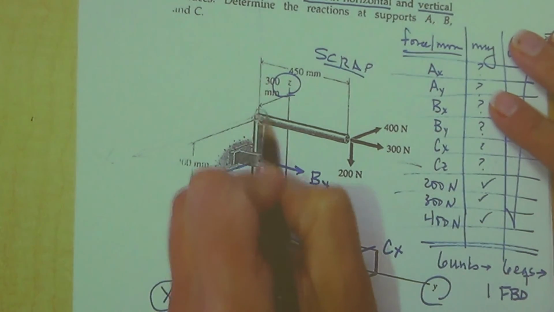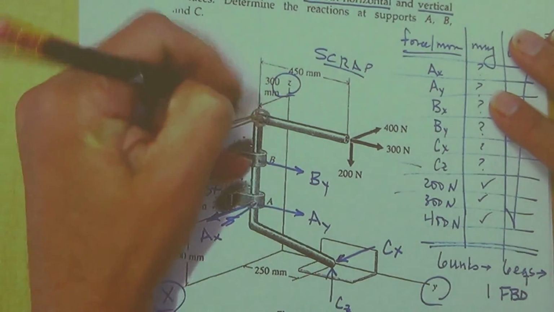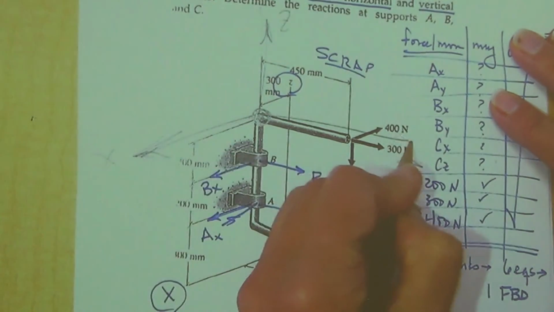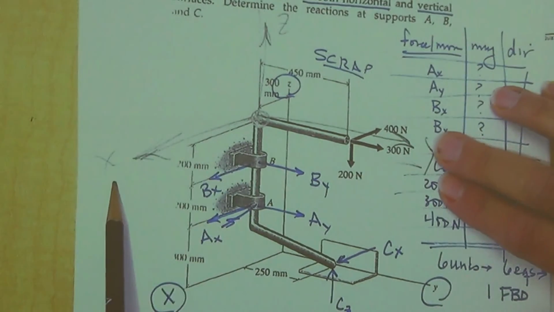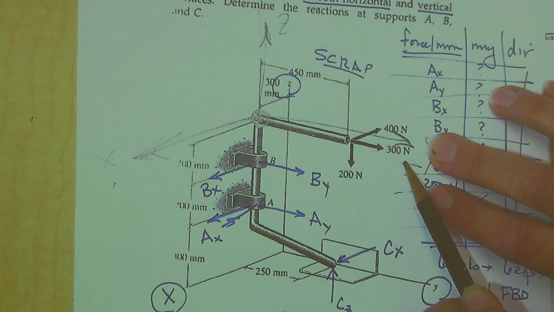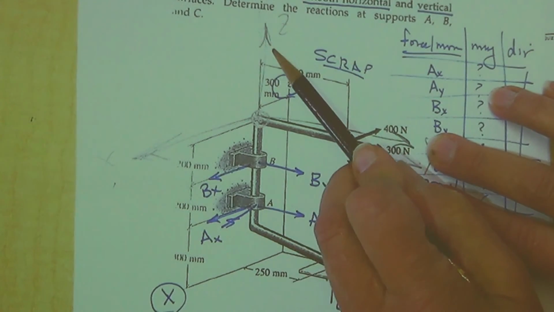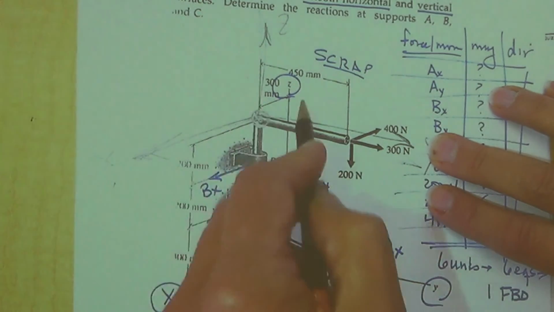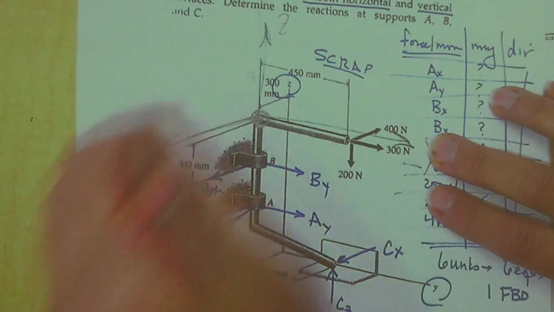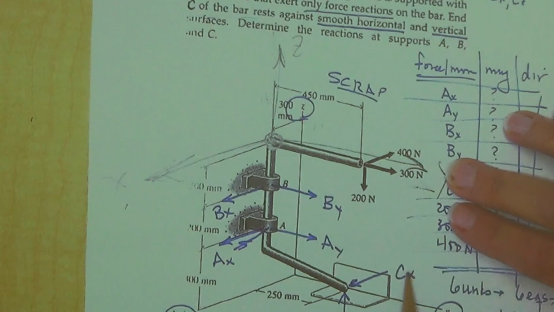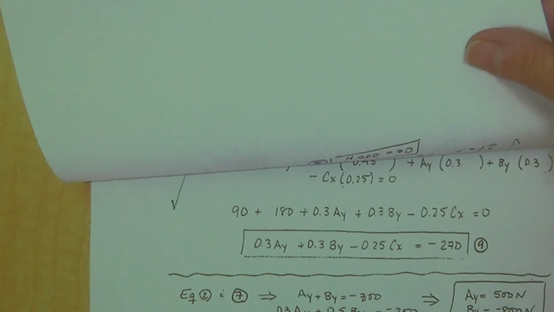If I move my origin here, and this is x, and this is z, and this is y, would I have a different moment for x? Yeah. Would I have a different moment for y? Yes. Would I have a different moment for z? Yes, because it's off-centered. You would have different moment equations for all of these, but in the end, you would get the same answers.